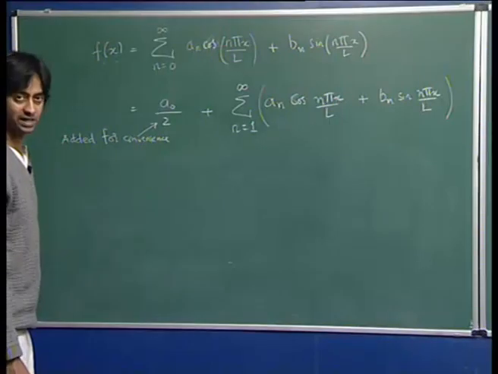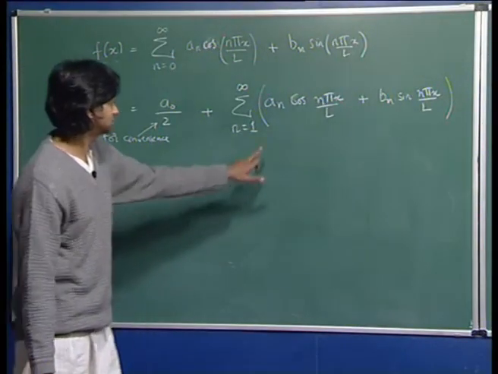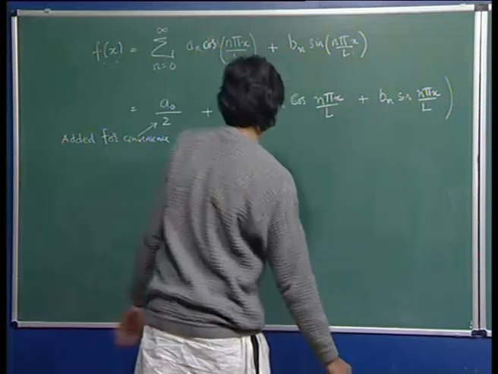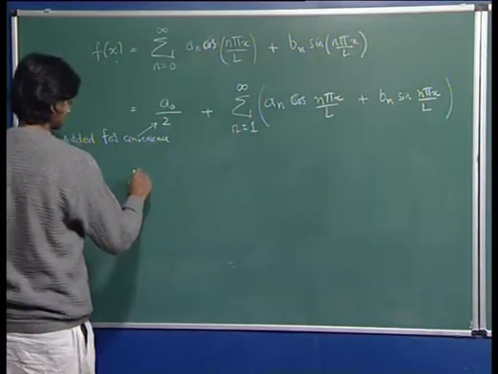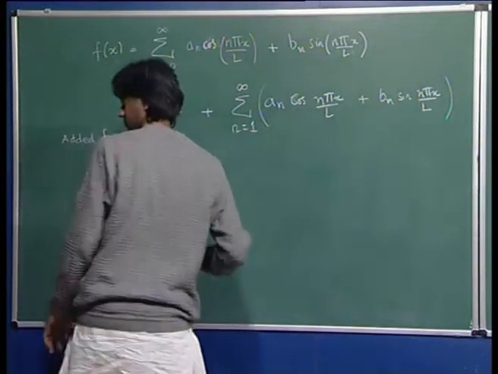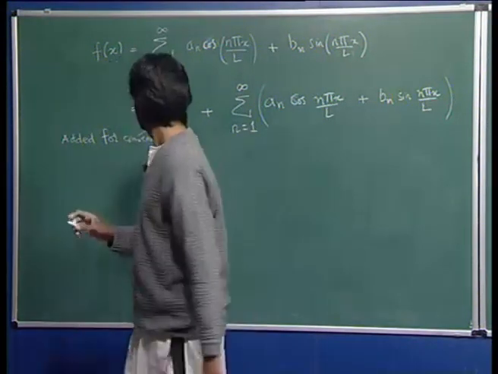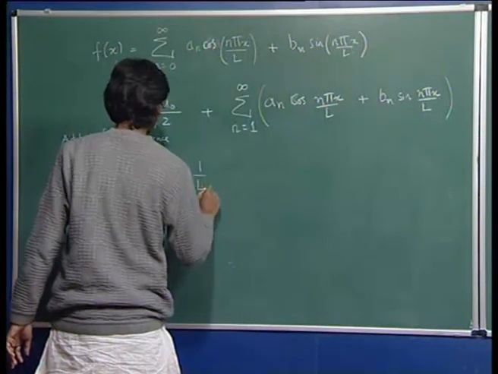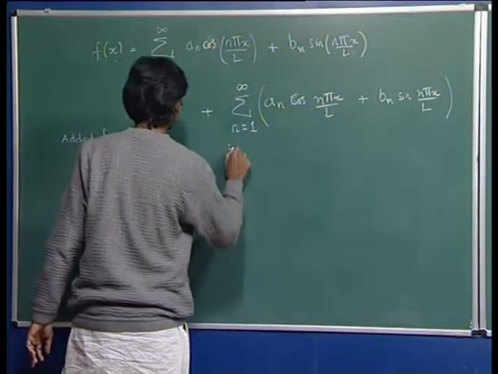If you write it this way, then the question is what are a n and b n given by, and you can show that a n is given by 1 by L integral from minus L to L, okay.